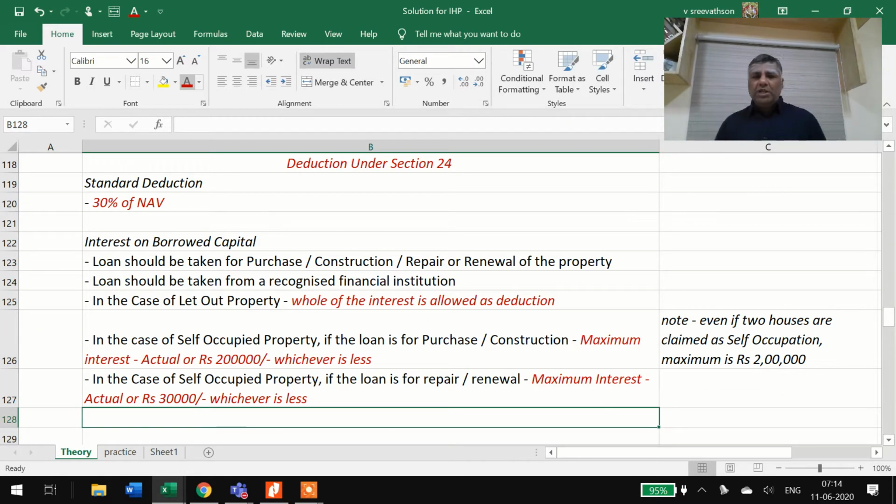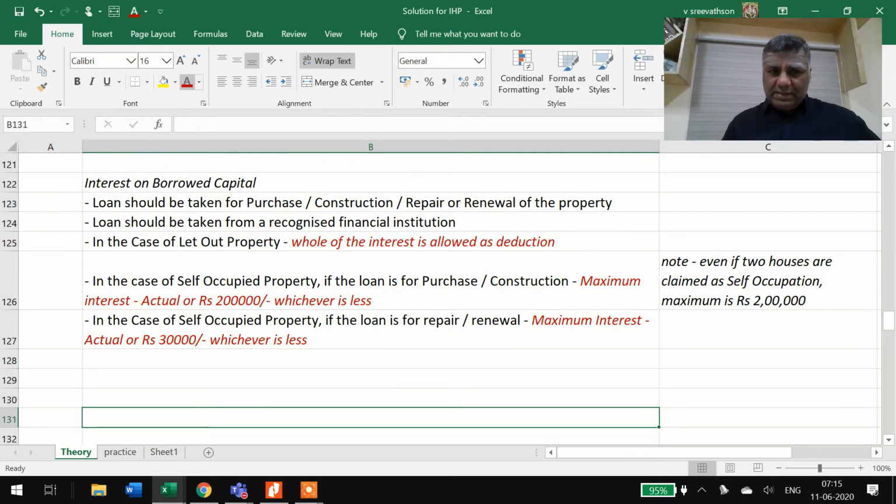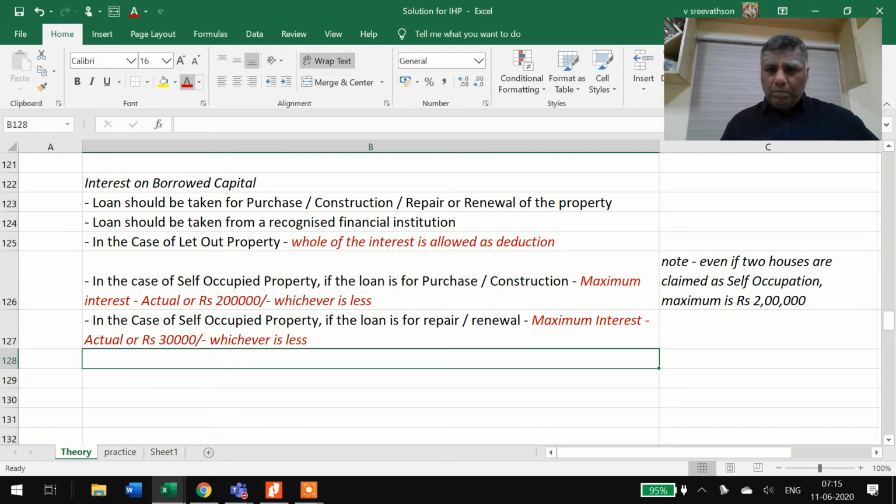In the case of self-occupied property and the loan is taken for repair or renewal of the property, maximum interest is actual or rupees 30,000, whichever is less.